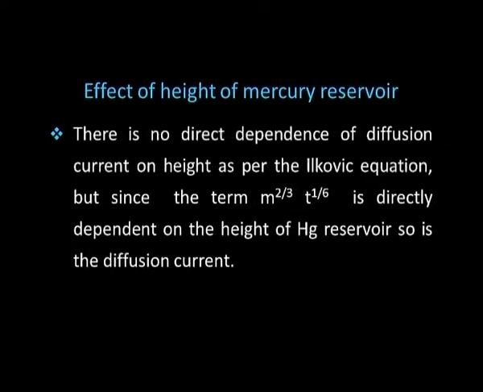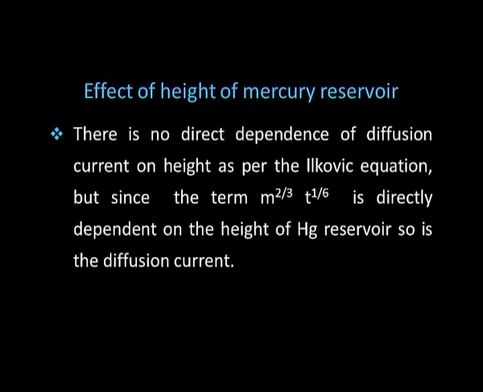Then height of mercury reservoir also plays an important role, because this change in height changes the value of m raised to the power 2 by 3 and t raised to the power 1 by 6.